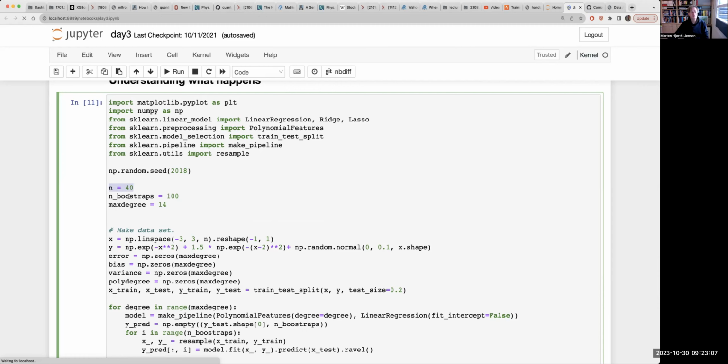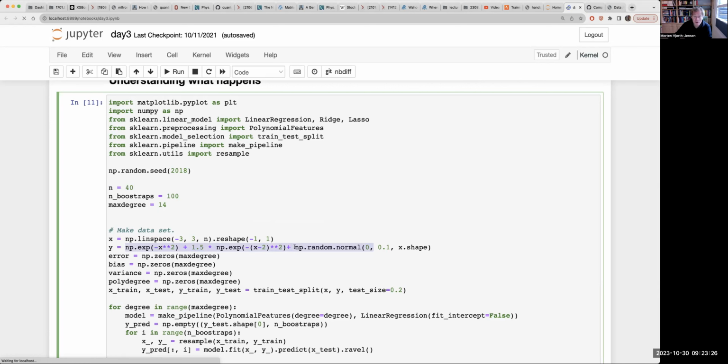Normally, most practitioners tend to have fewer bootstrap resamplings than they have data points. And in this case, I am considering a polynomial of degree 14, which is the model I want to use to reproduce the data set which you see here.